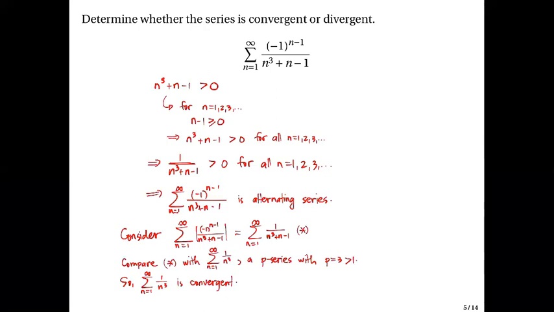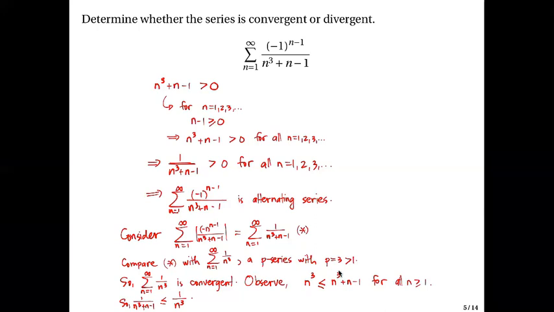Now observe that your n cubed is less than or equal to n cubed plus n minus 1, for all n greater than or equal to 1, which means your 1 over n cubed plus n minus 1 will be less than or equal to 1 over n cubed, correct?